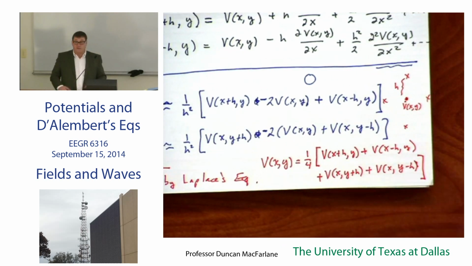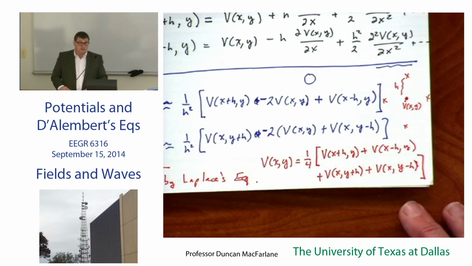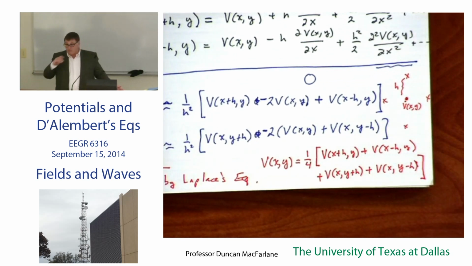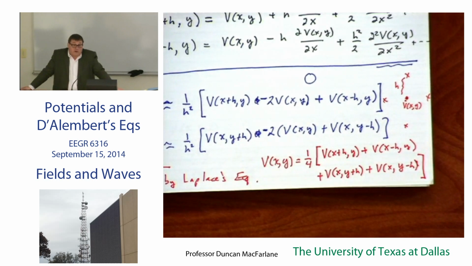So to me, this is absolutely huge. It does a couple of things. One is it gives you a little numerical algorithm for solving del squared v equals 0. In past classes, I've assigned that as a computer project.